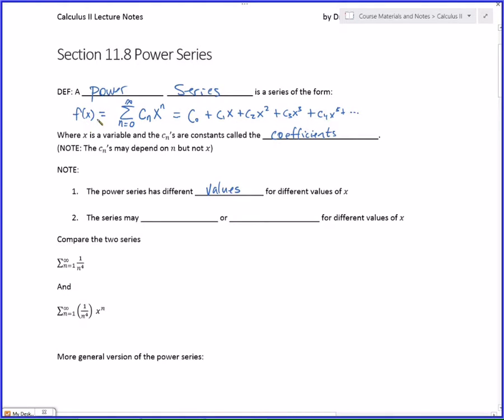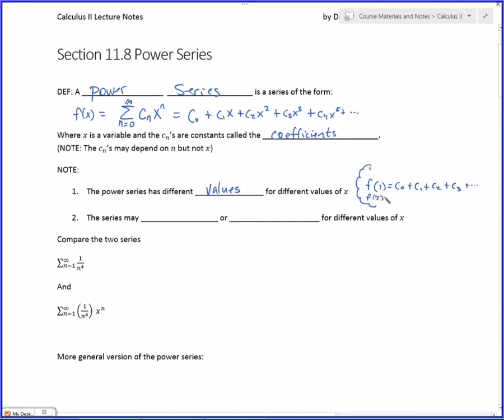If I said f of 1, that would just be c0 plus c1 plus c2 plus c3 plus c4. F of 1 would be c0 plus c1 plus c2 plus c3 plus, and so on.